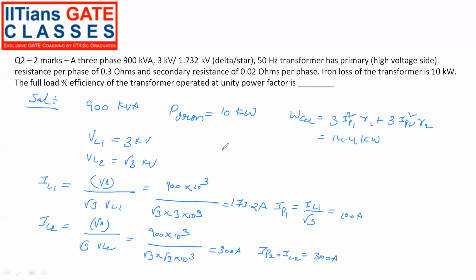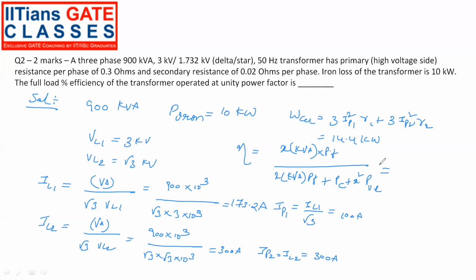Now the transformer efficiency eta can be given as X kVA into power factor by X kVA power factor plus constant losses plus X square times variable losses.